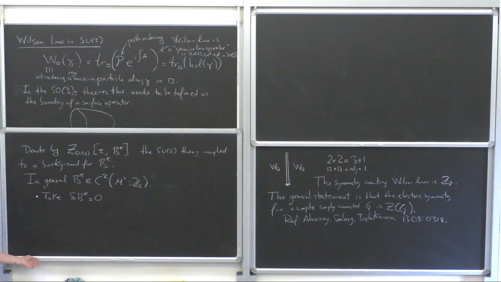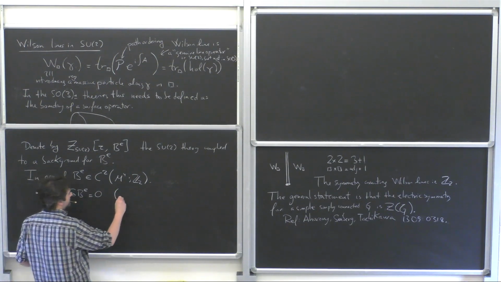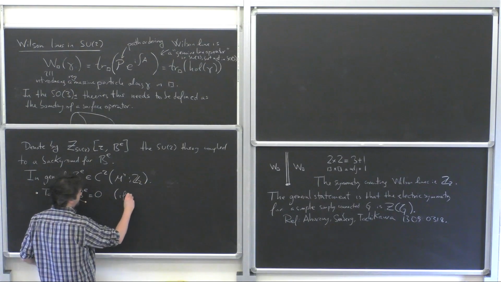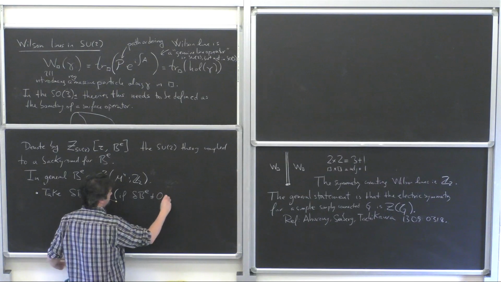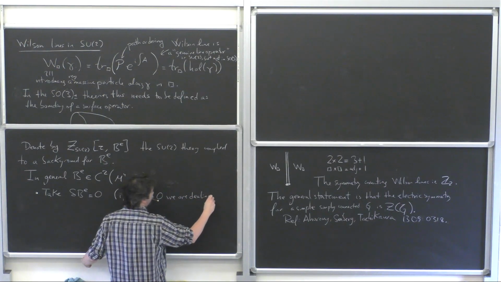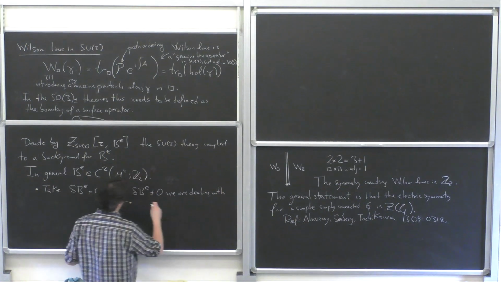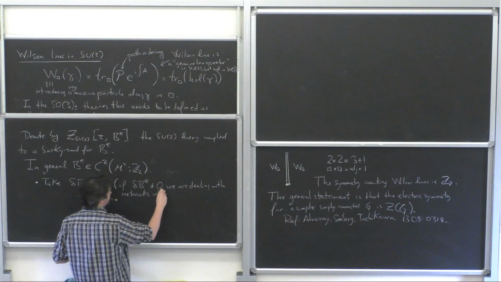As I argued in the lecture on boundaries in Maxwell theory, if it's non-zero, we are dealing with junctions, with networks, with boundaries.